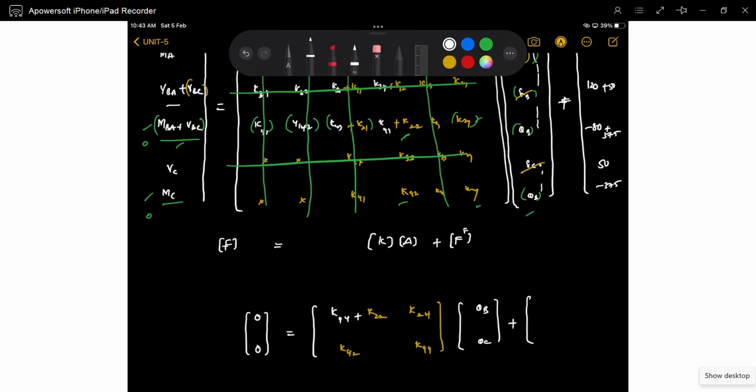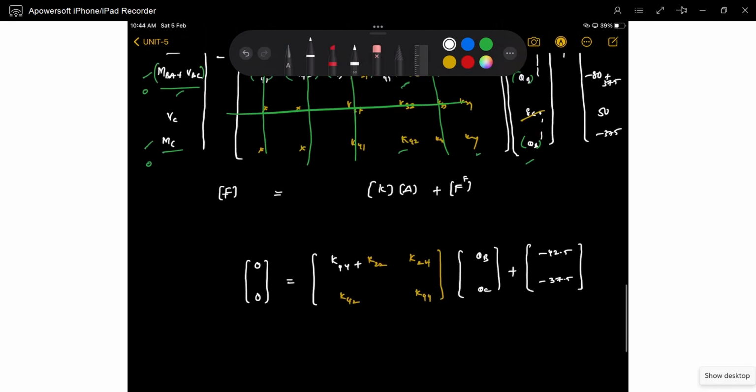Minus 80 plus 37.5. How much is it? It's minus 42.5. Here is minus 37.5. That's it. Only those two are remaining.